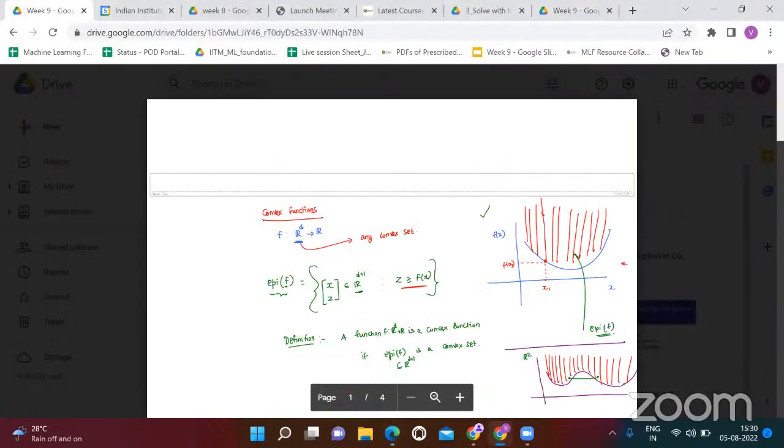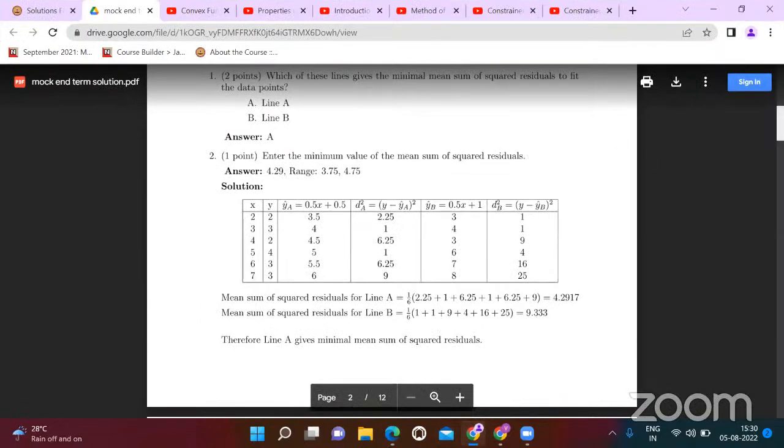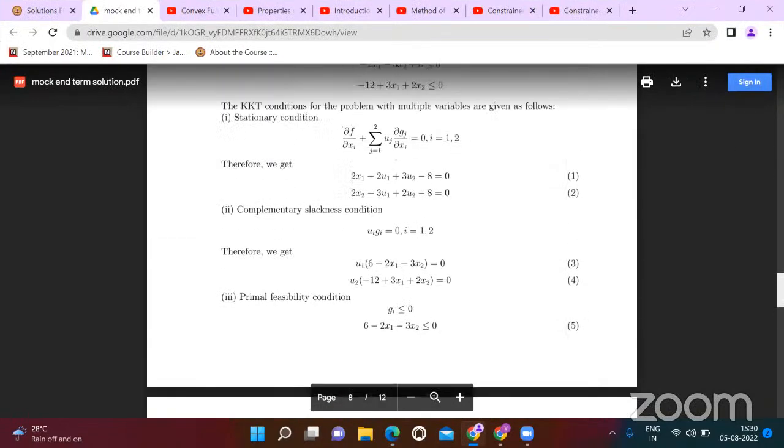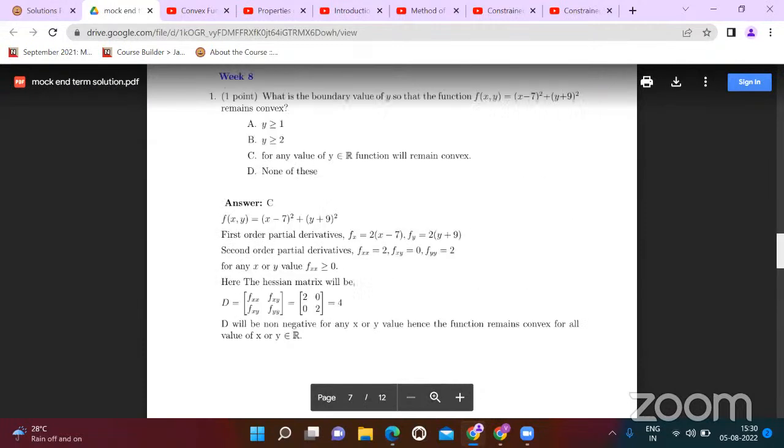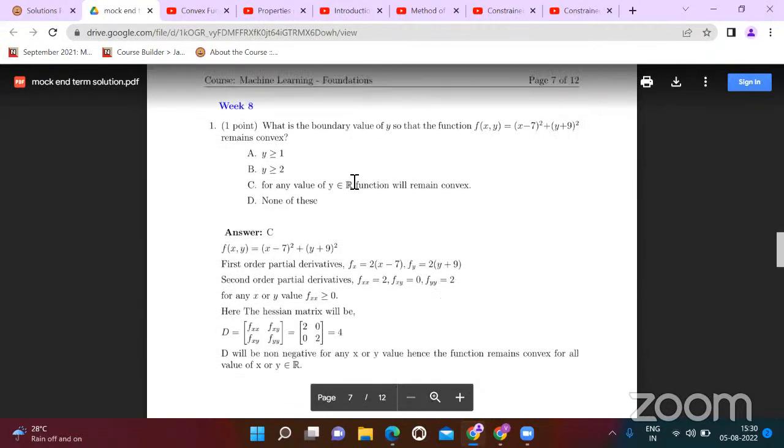So in that question, there is no condition given. Mock for n term, question number 8. No condition. Where is that? Okay, so this question, this one. On page number 3.